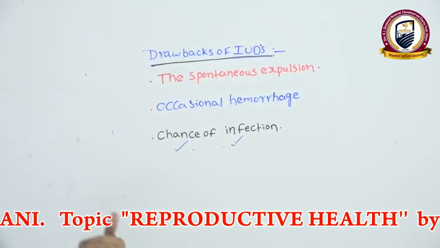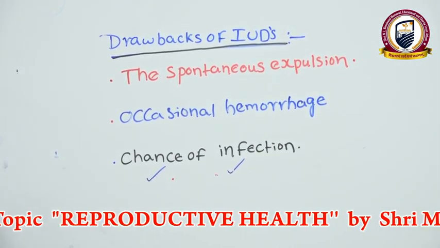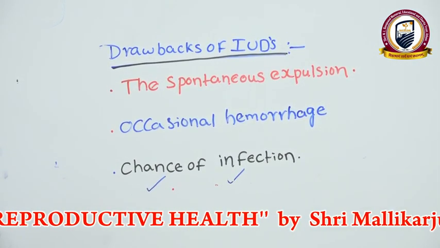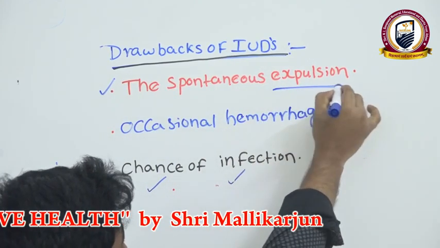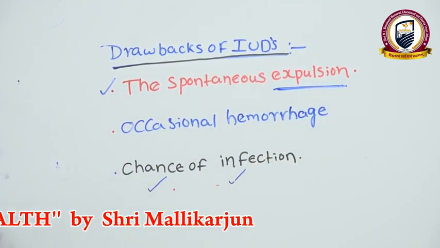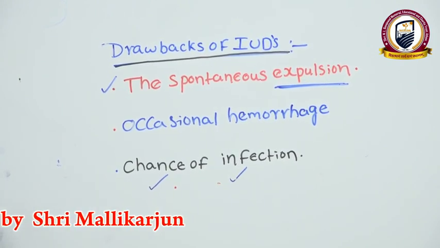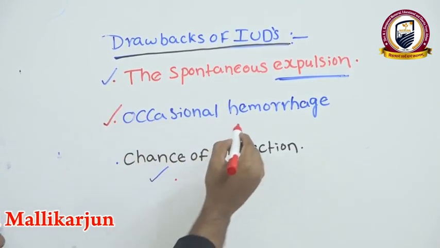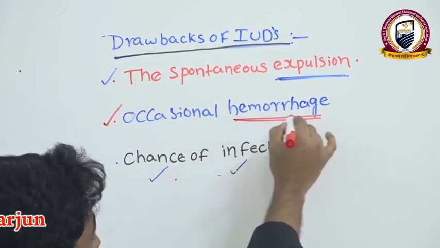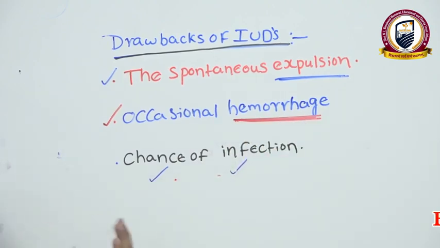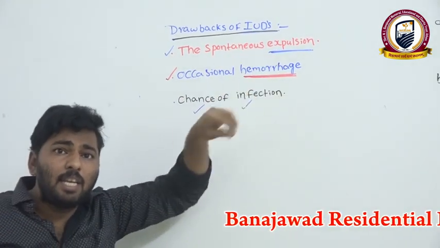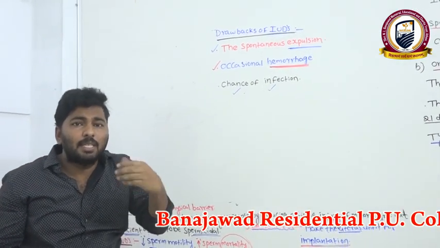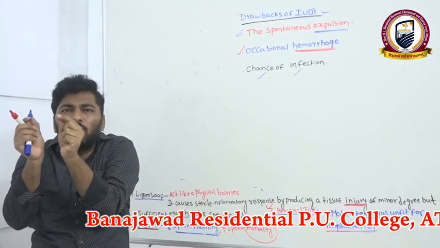What are the drawbacks of the IUDs? Mainly it is spontaneous expulsion. Second one is occasional hemorrhage, which means nothing but bleeding. Occasional bleeding may take place because it causes injury or rupturing of the uterus walls.